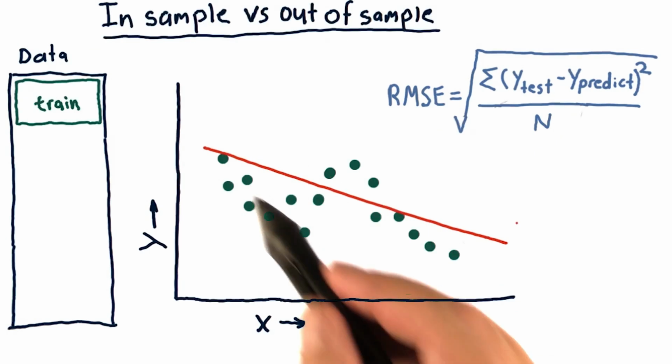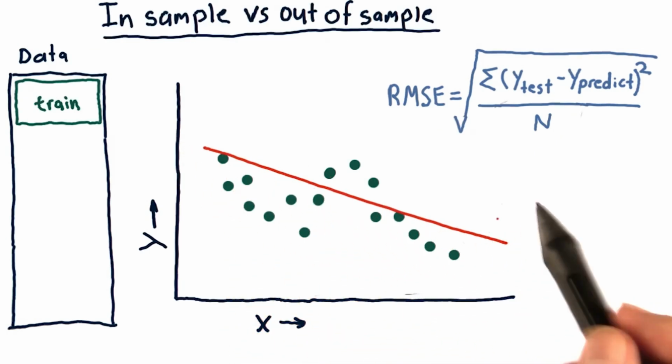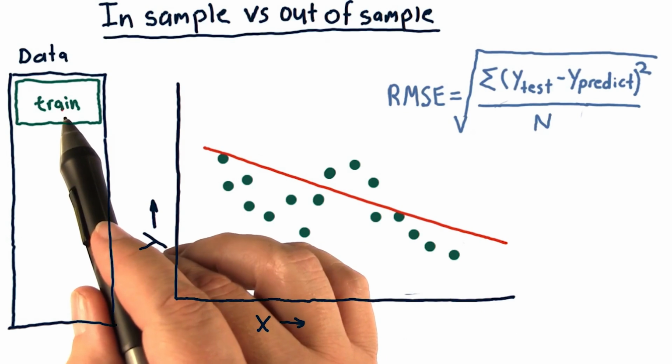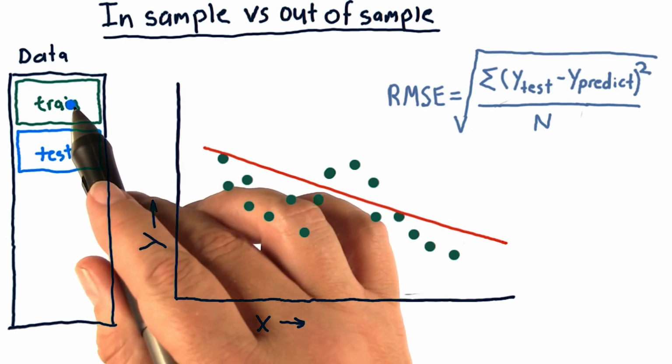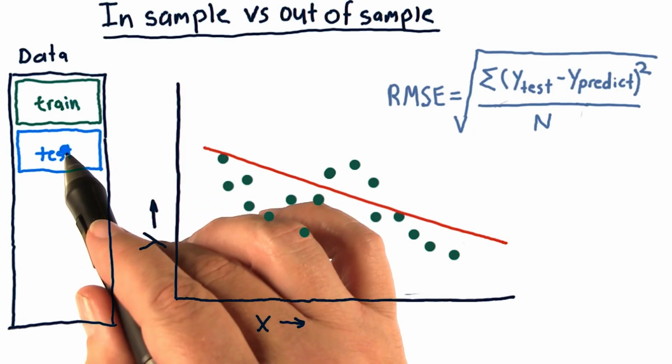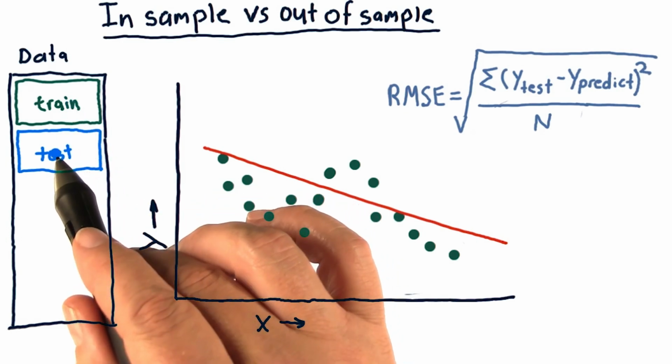Now, we just measured the error of this linear model against our original training data. We know, though, from, say, KNN, that we can build models that can fit this training data exactly. So we can have arbitrarily small error against our training set. The more important measure is, what is our error out of sample? So what out of sample means is we train on our training set, but we test on a separate testing set of data.